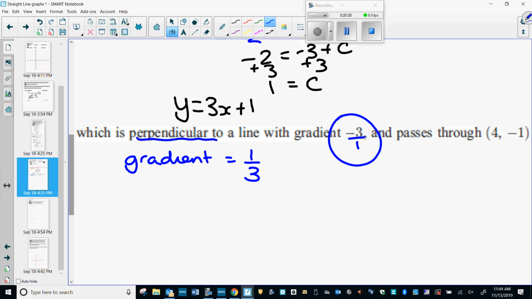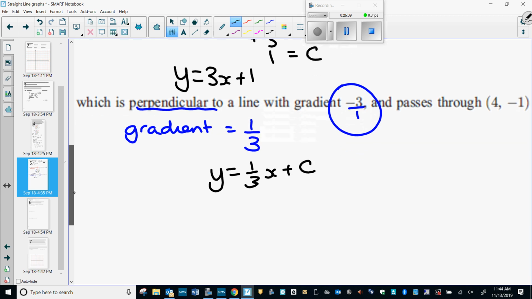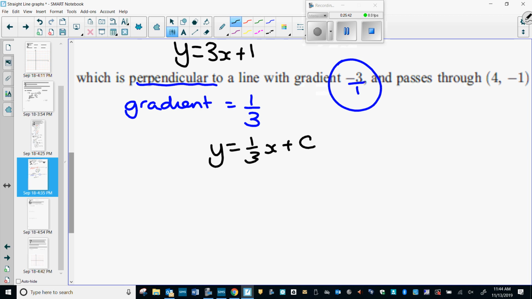So we want the gradient to be 1/3, which means my equation is going to start at y equals 1/3 x plus c. And now we're substituting in those coordinates. So, Julia, can you do that substitution, please? It'd be negative 1 equals 1/3 times 4 plus c, and 1/3 times 4 would be 4/3.